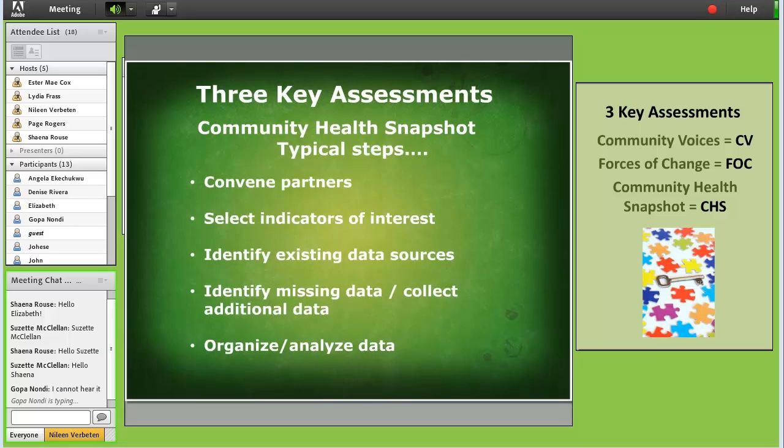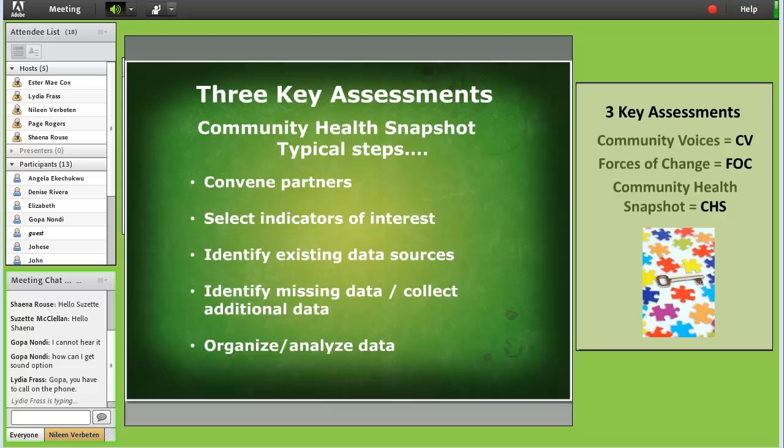In this process, there are a few typical steps, and of course these will vary depending on the particular community. But just generally speaking, in collecting your data, it's important to convene a broad representation of your community, one that can represent all different segments, and also to include the entire local public health system.